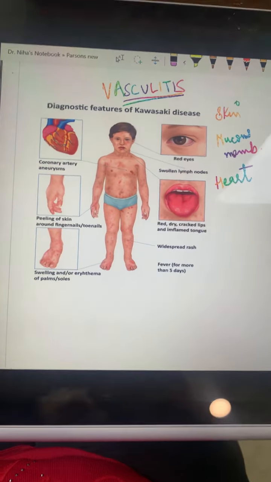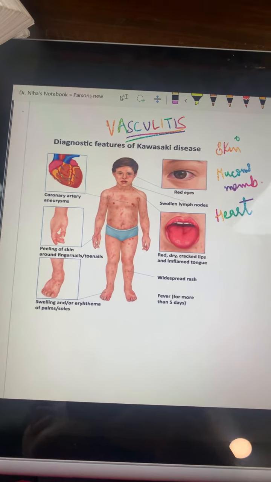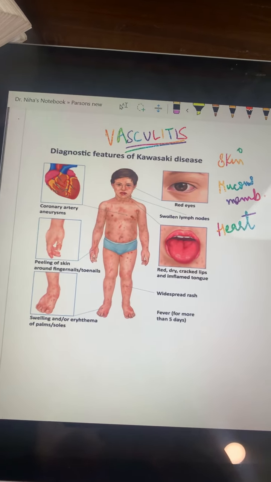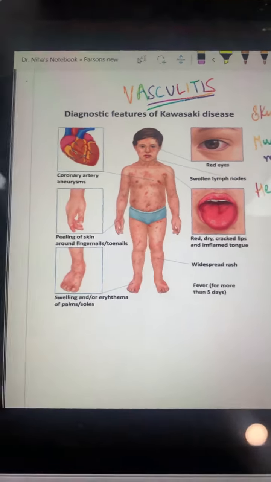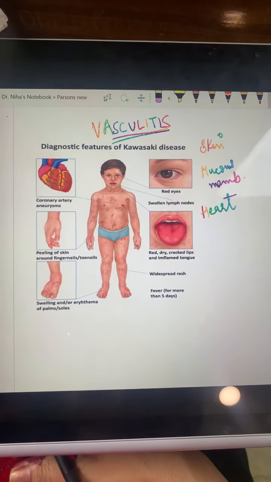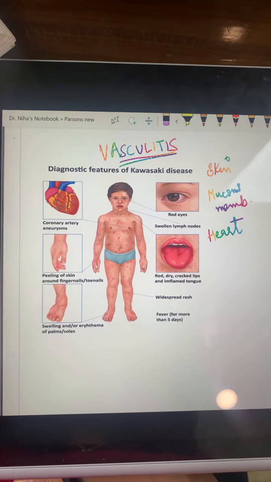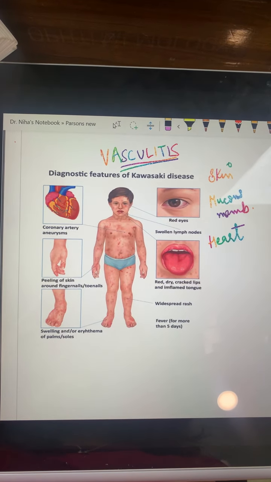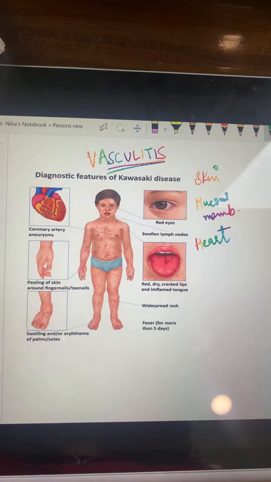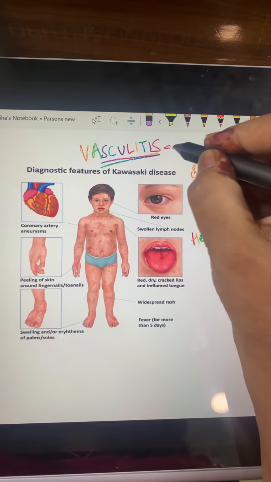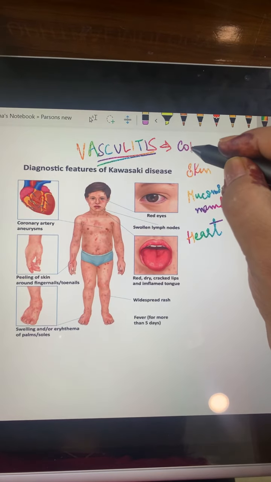If you look at the picture, we have involvement of so many things in Kawasaki disease, where you have a systemic vasculitis involving the skin, mucous membrane, as well as the heart. This vasculitis is the most serious complication, and it involves your coronary arteries.